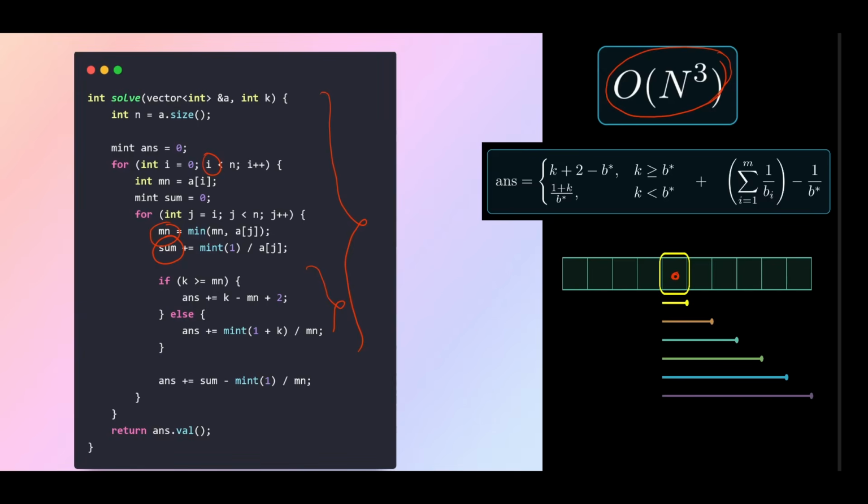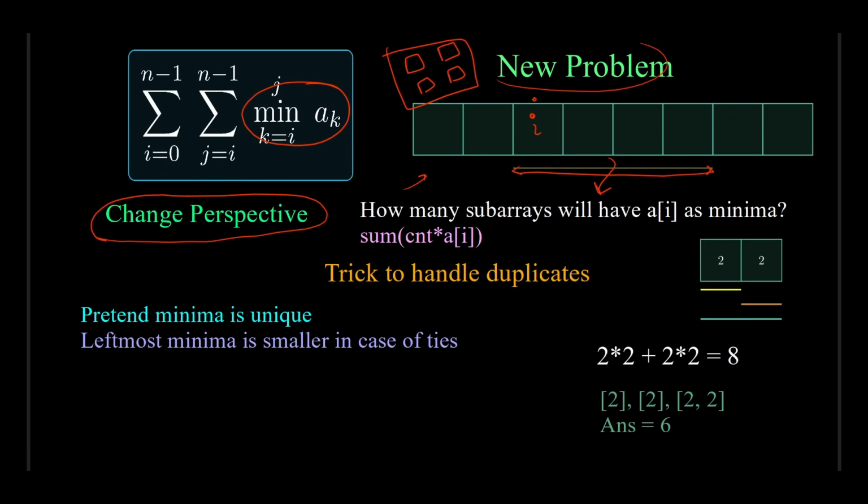Because if you keep on sticking to this strategy, you can still compute the minima sum, but the time complexity would still be n cube. You still have to iterate over all the arrays. So we are looking for something better.